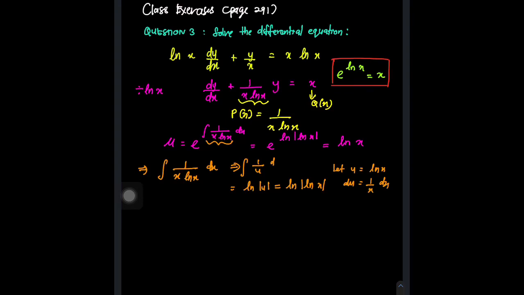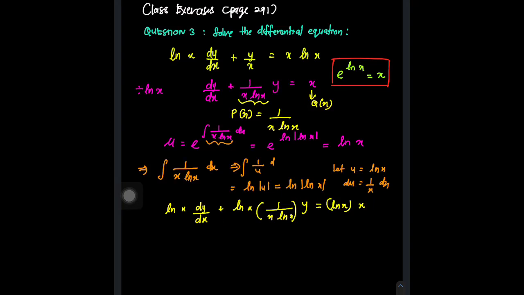Then the next step is you have to multiply both sides with mu. So ln x dy over dx plus ln x times 1 over x ln x times y is equivalent to ln x times x. For this part here, you can just simplify.